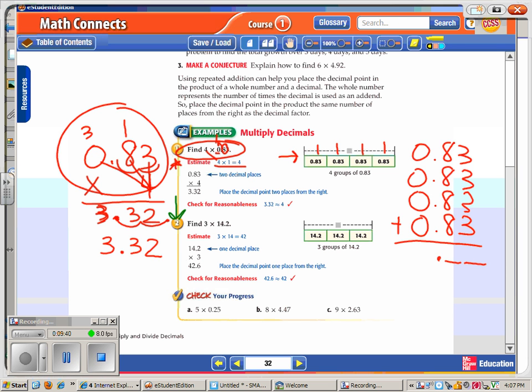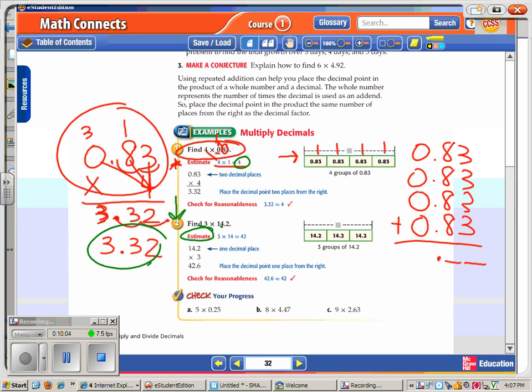Finding 3 times 14 and 2 tenths. Estimating first to make sure that we're about right. And I'm sorry we didn't even look at that. We came up with 3 and 32 hundredths here. Remember in our estimate, we said that we estimated it was about 4. So is that reasonable? Yeah, it's reasonable. So let's go back to this one. I'm sorry. So 3 times 14 and 2/10.